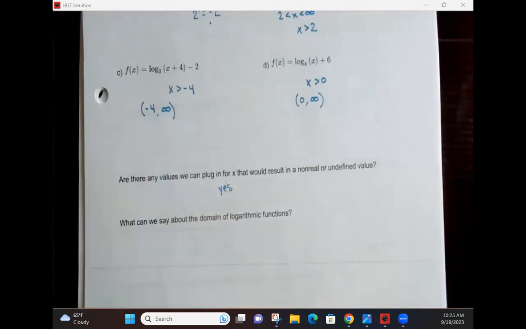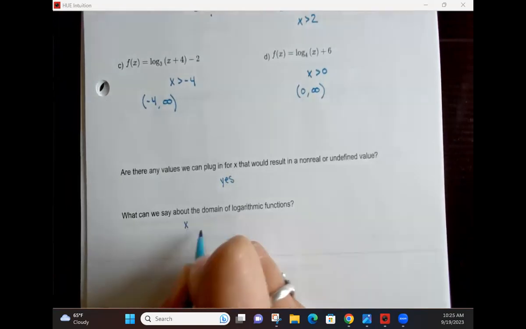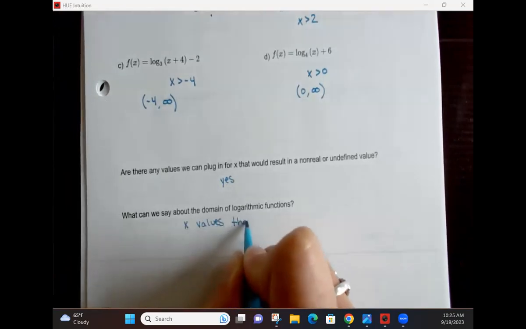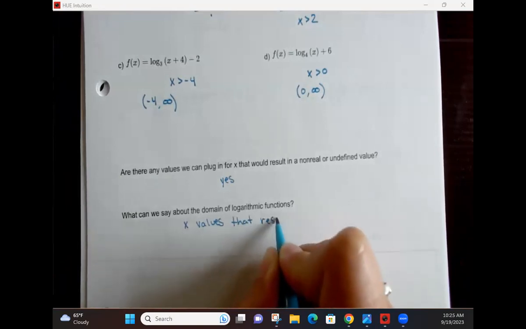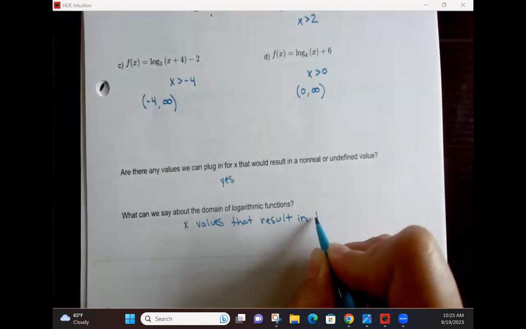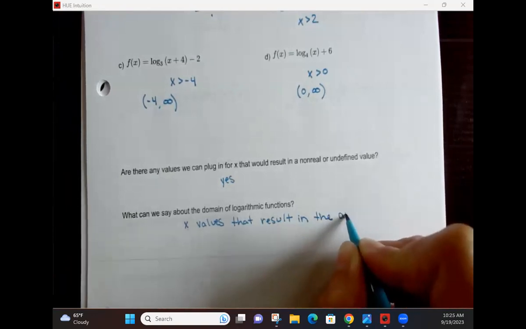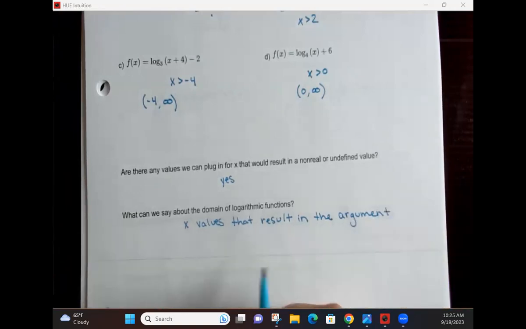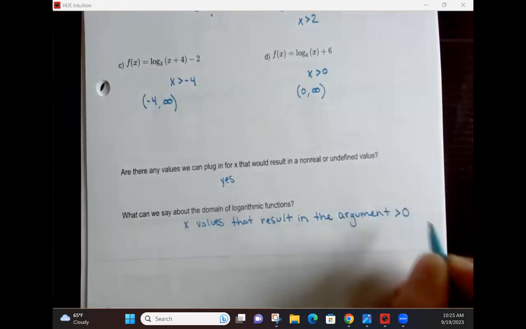We saw places where 0 can be included in the domain. So we're looking for x values that result in the argument of the log being greater than 0.